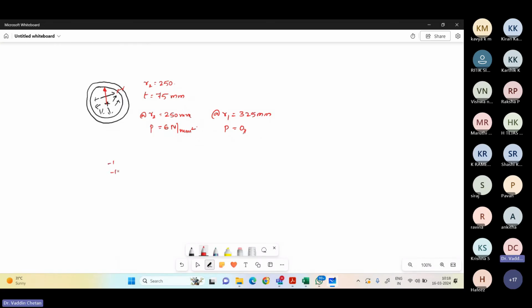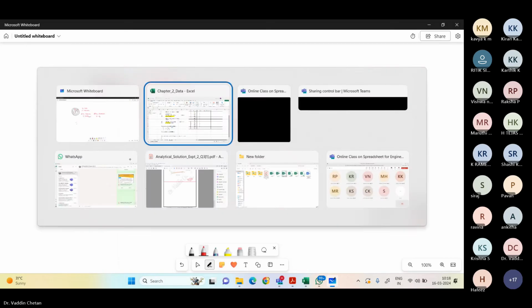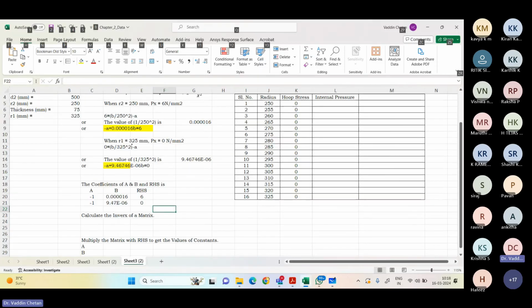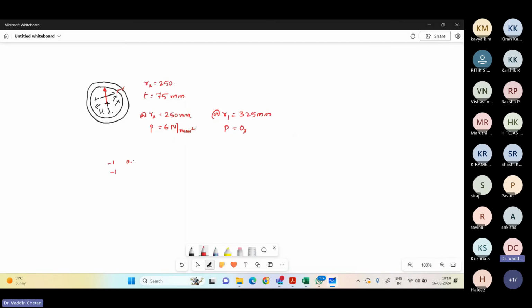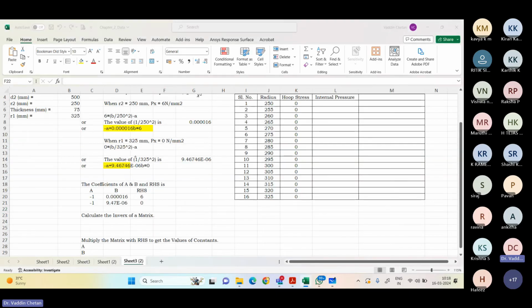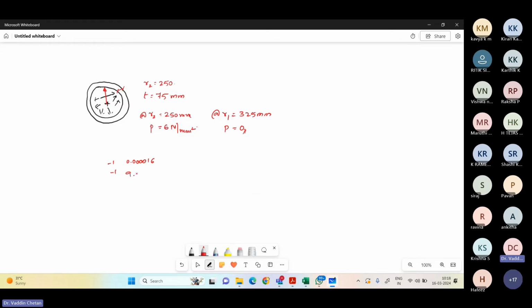I have minus 1, minus 1, 0.4016, 0.123416, and 9.46 e power minus 6, times A B, is equal to 6, 0.